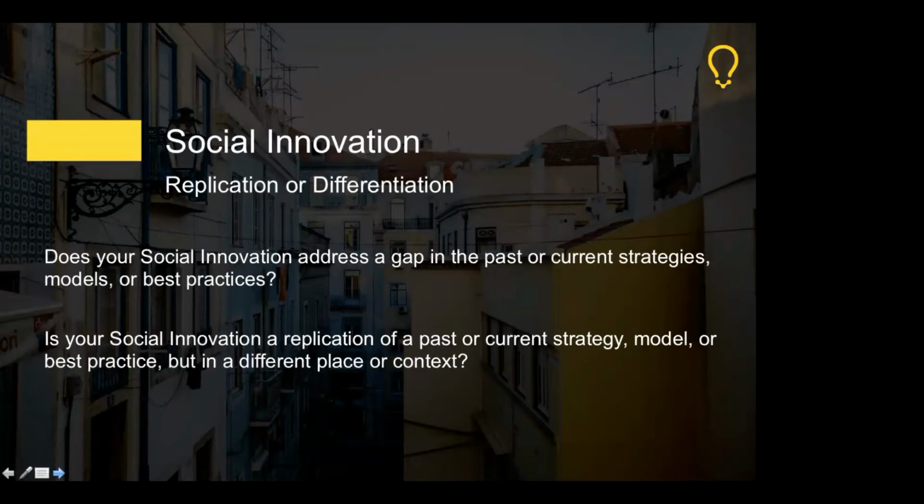Once you've landed upon what exactly is your innovation and if it addresses a gap, you can really talk about your differentiation points. However, you also might want to just consider replication.